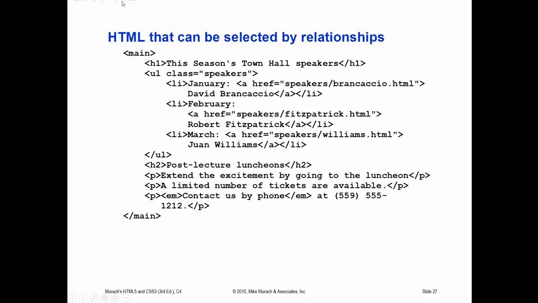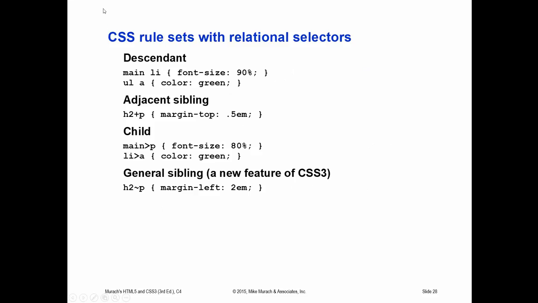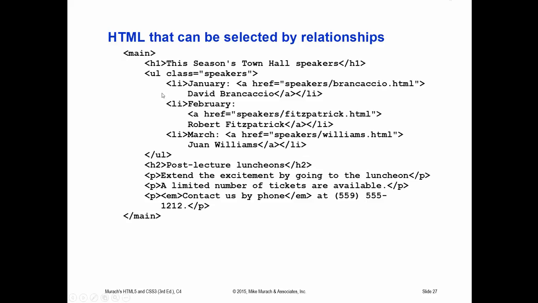So when you want to code an adjacent sibling, you use the plus sign. In this example, this will select any P element that is adjacent to an H2, in other words, any P that follows an H2. So it'll be just that paragraph, not all paragraphs. This is the only one adjacent to this.